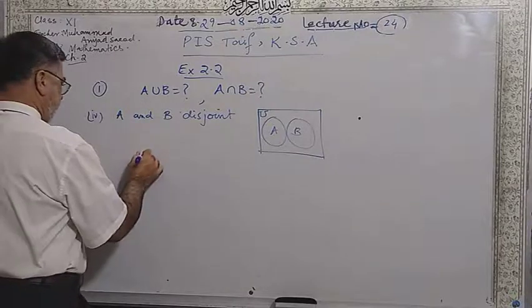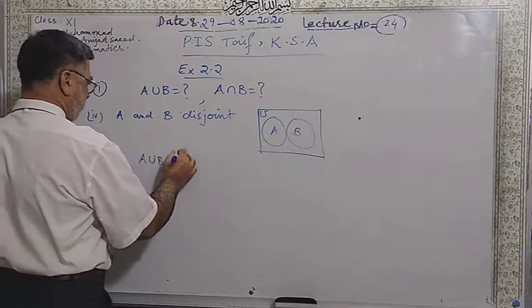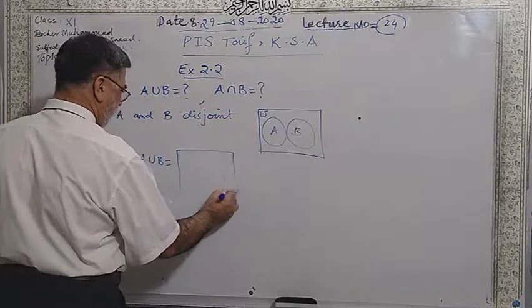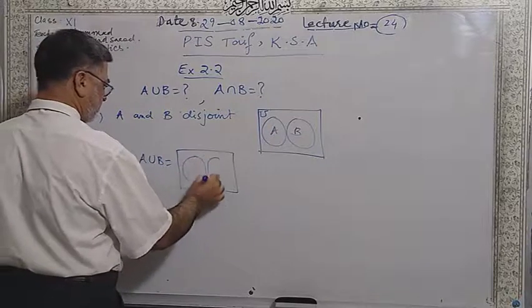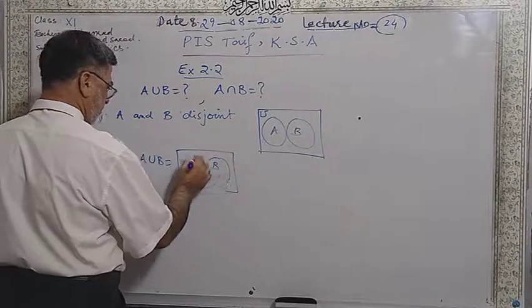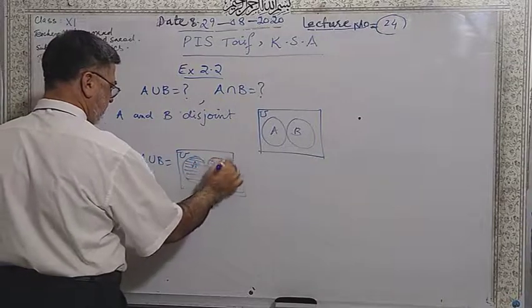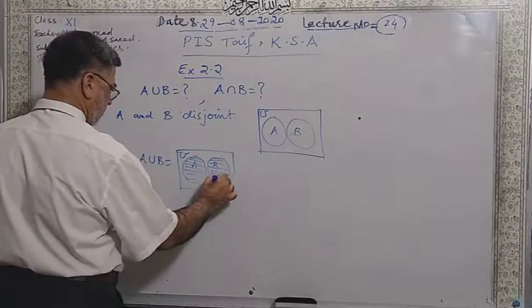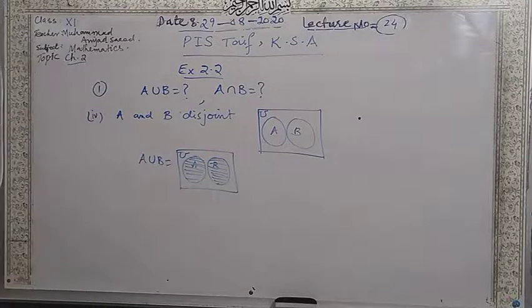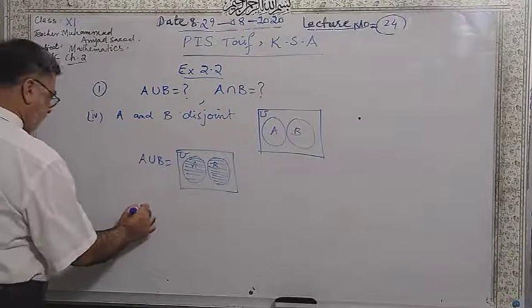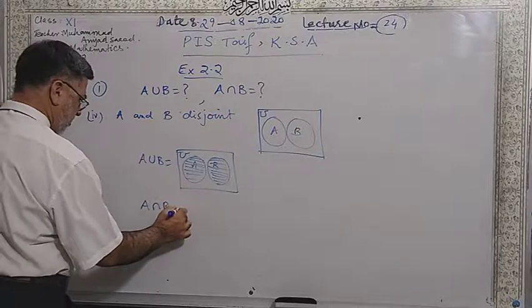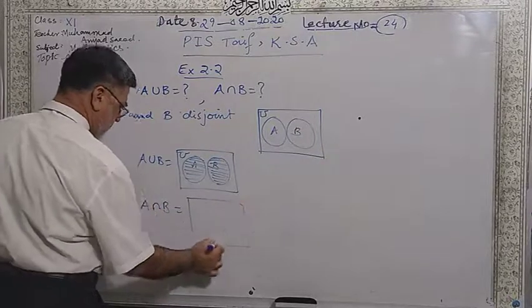So A union B, what is A union B? To combine both. This is A union B. In case of intersection, dear student, nothing is common.